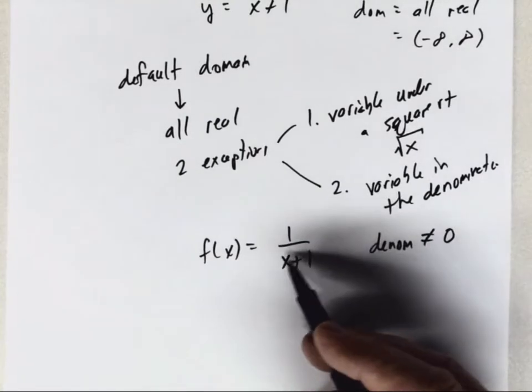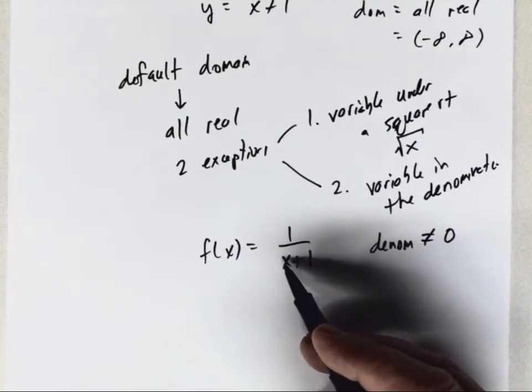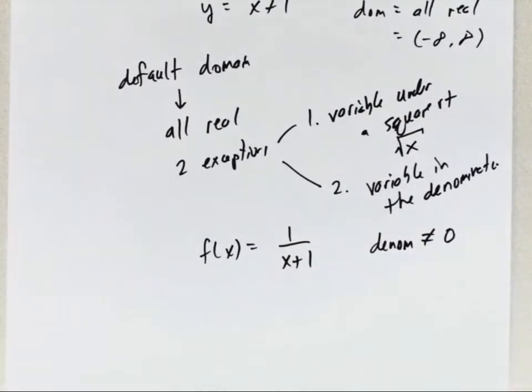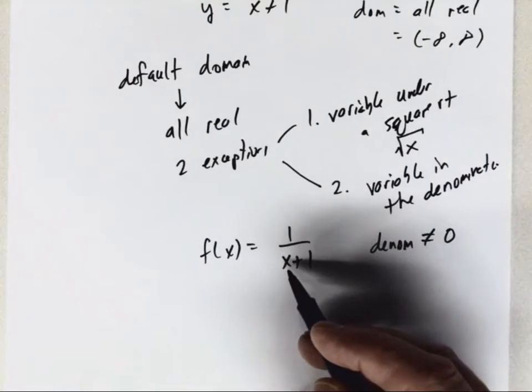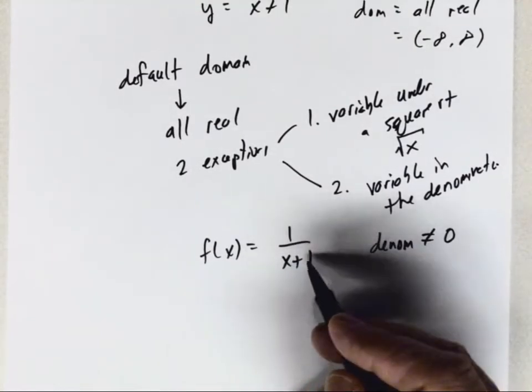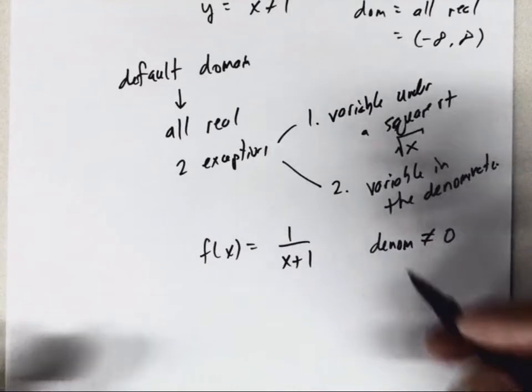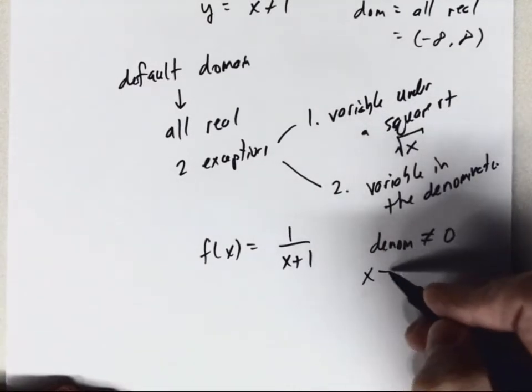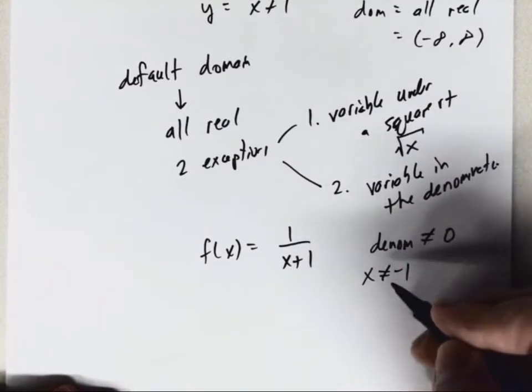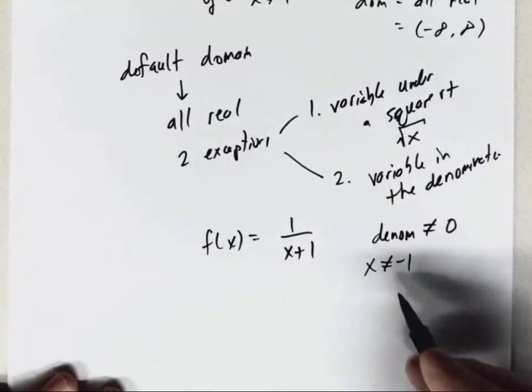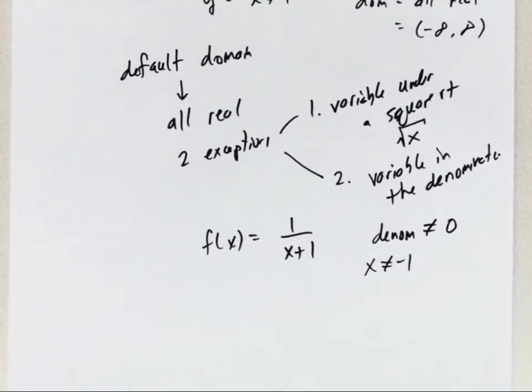So what number could I plug in for x that would cause this denominator to be 0? And you know what? If x ever equals -1, I'd have -1 plus 1, which would be 0. I would have a 0 in my denominator. I can't have that. Therefore, for this equation, x cannot equal -1.